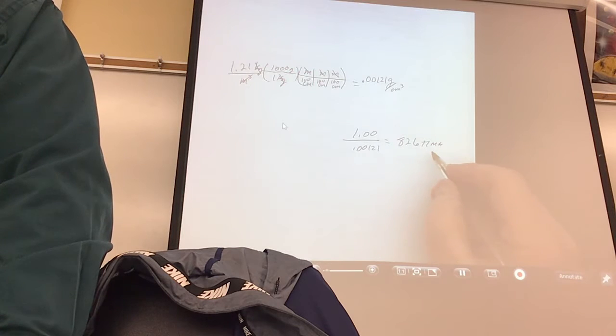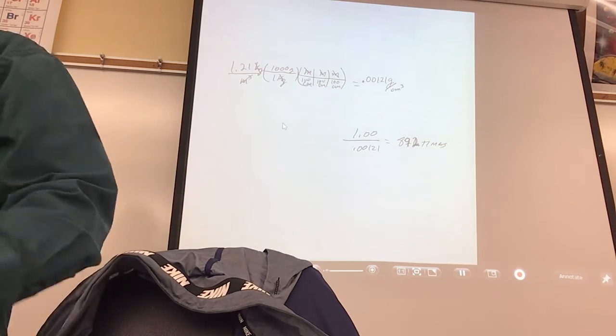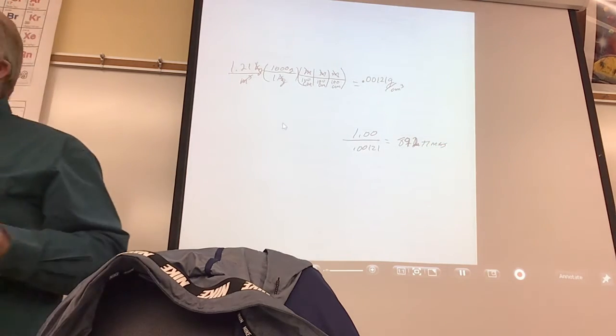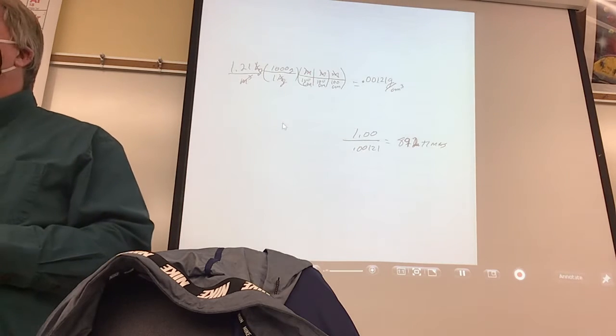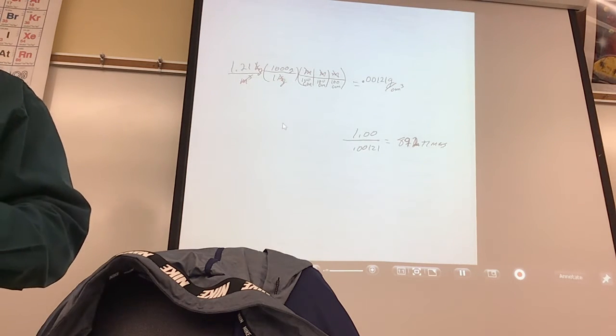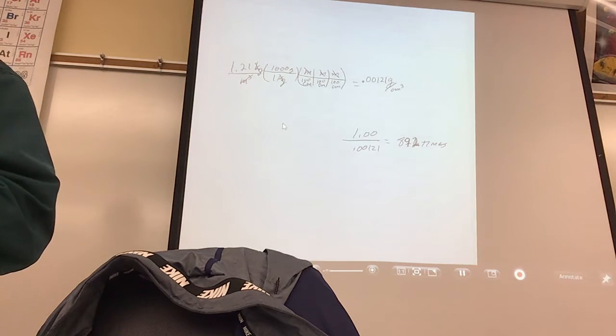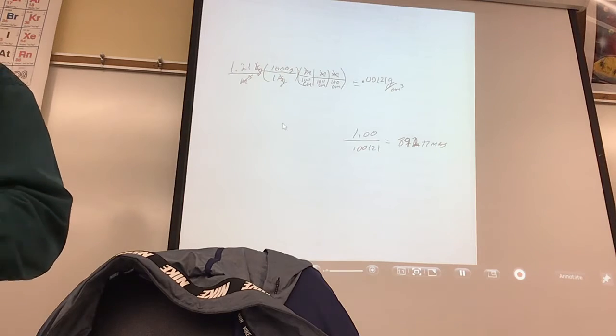It's still 892. So when I tell you that air is about 1,000 times, it's really about 900, really. It's really closer to 900. But you're talking about something that's, water is about 900 times more dense than air. Okay? And that's how you can play with numbers and kind of understand some things like that.